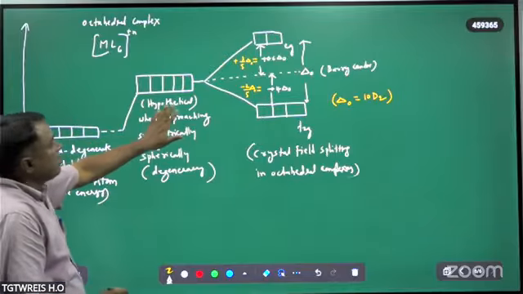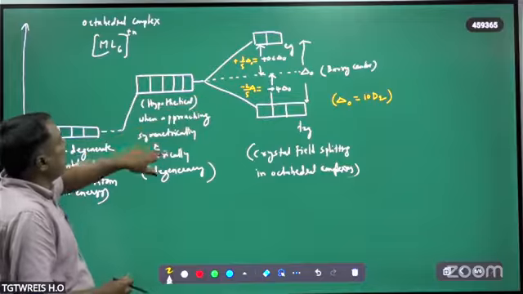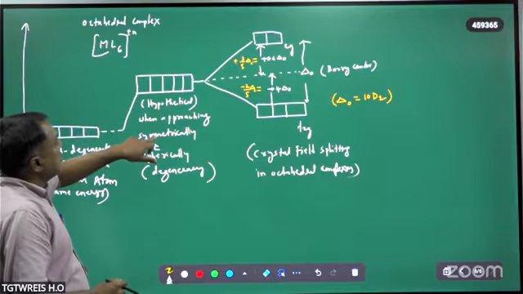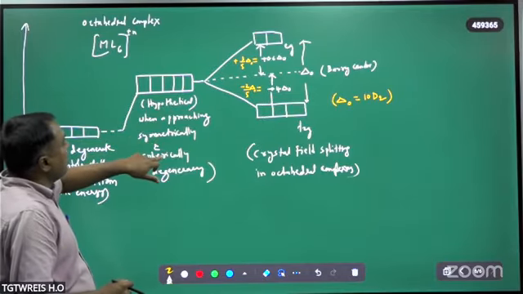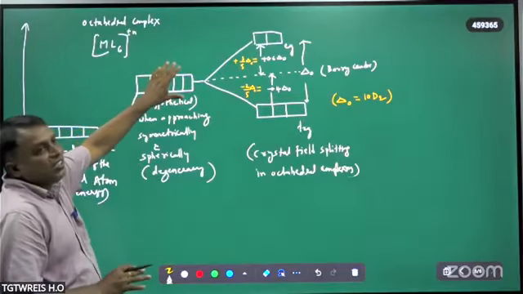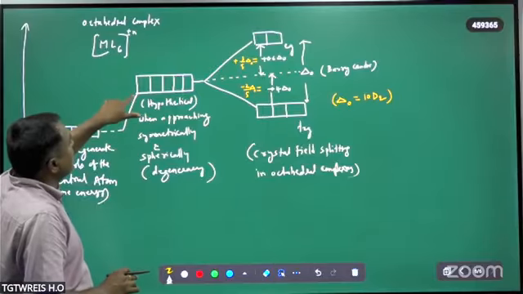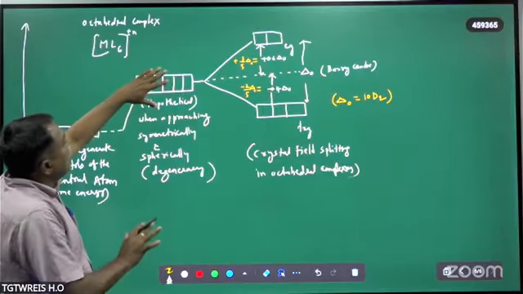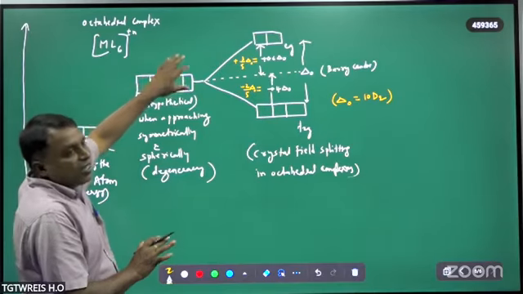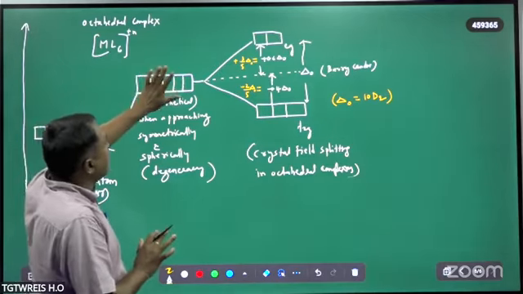This is a hypothetical concept. Whenever ligands approach symmetrically and spherically, there is no change in their degeneracy, but their energy increases. All these d orbitals have the same energy.